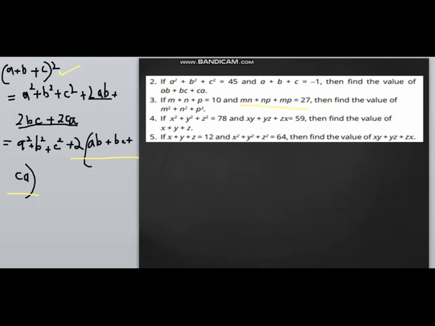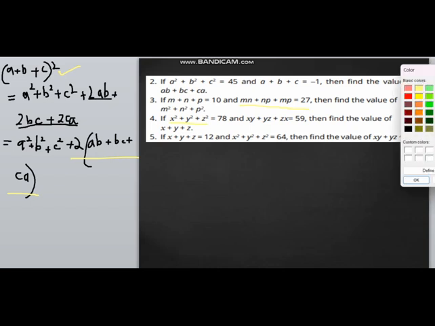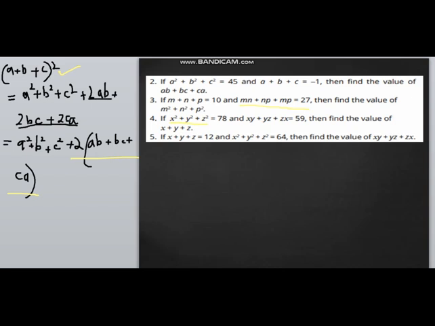Okay, so x plus y plus z, let me just change it to a different color. So (a + b + c) whole squared would correspond to (x + y + z) whole squared. So we need to find x plus y plus z.